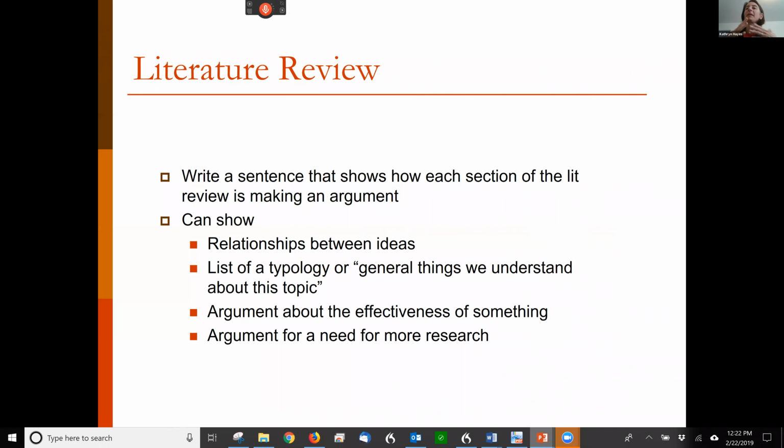It can be an argument about the effectiveness of something. So if someone has a section on culturally relevant pedagogy or on restorative justice practices, it could be an argument about what we know from the literature as to why this is effective, or it could be an argument at the very end for a need for more research.